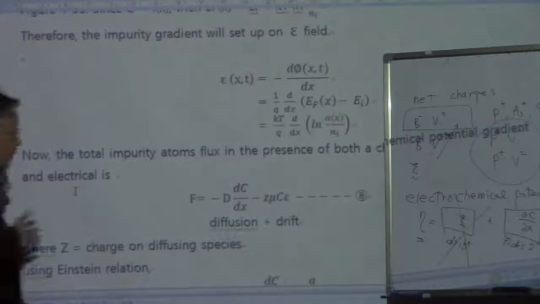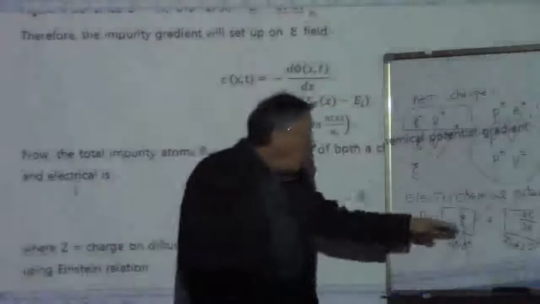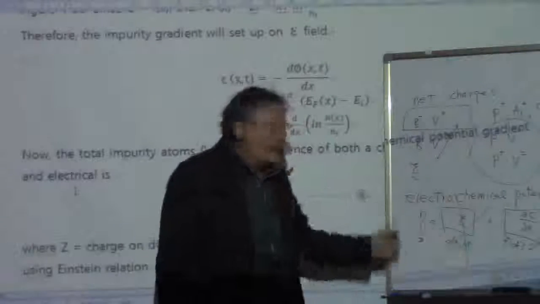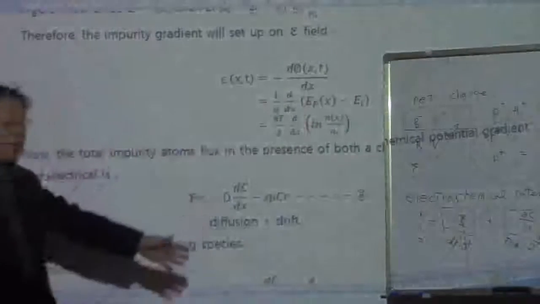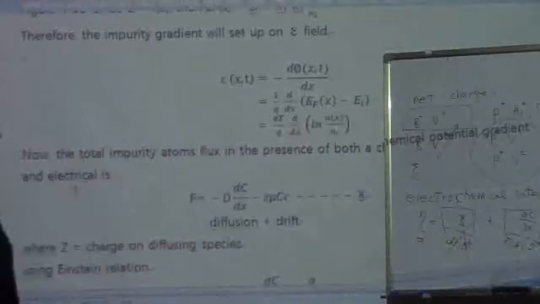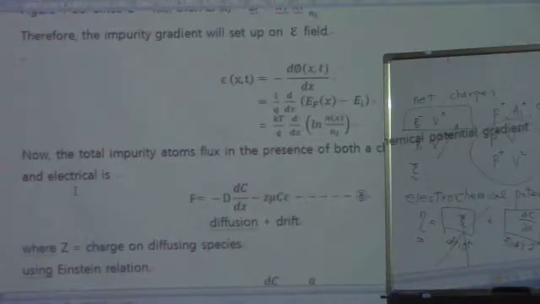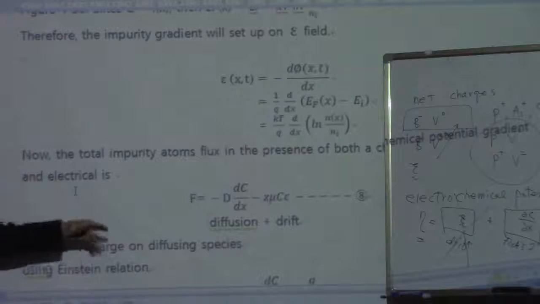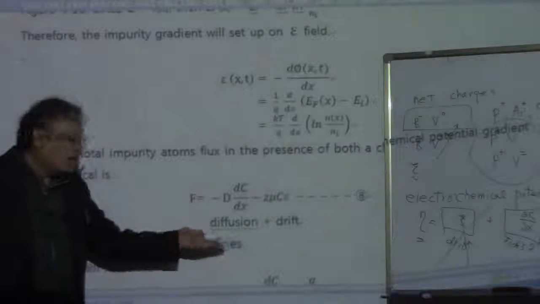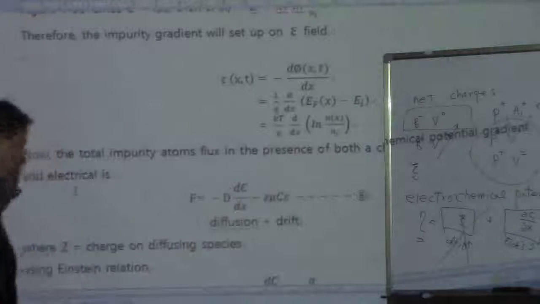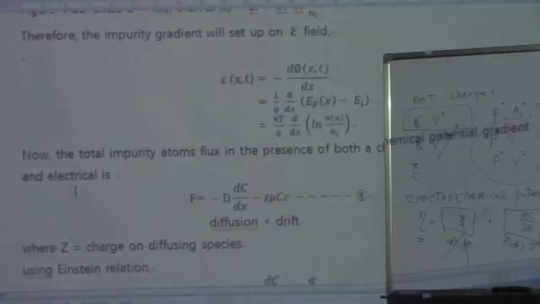So in metallic systems, we don't say electrochemical potential. We just say chemical potentials, which give free energy and all those things. But in semiconductors and insulators, we have to think about both terms, so we usually call it the electrochemical potential, and the total flux consists of the diffusion and the drift flux.